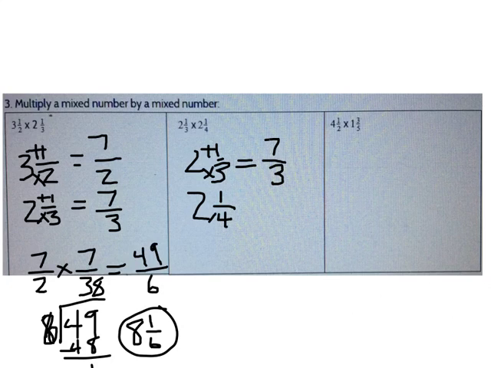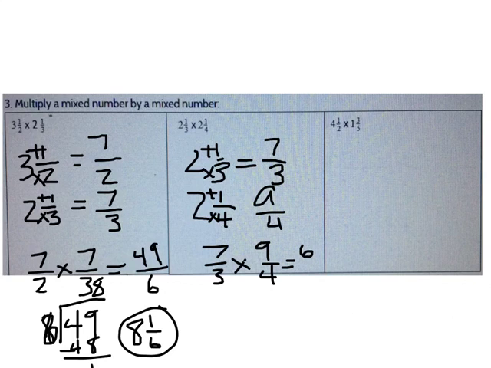Well, 2 times 4 is 8, plus 1 more is 9 over 4.